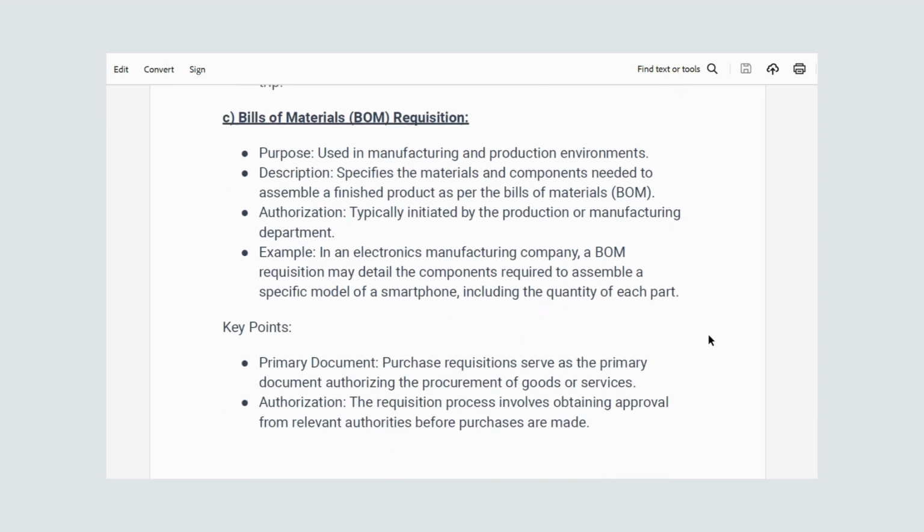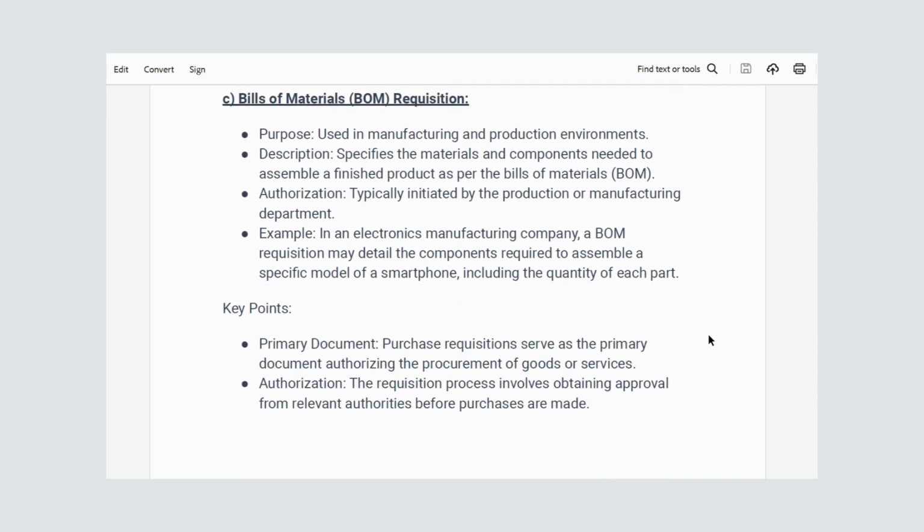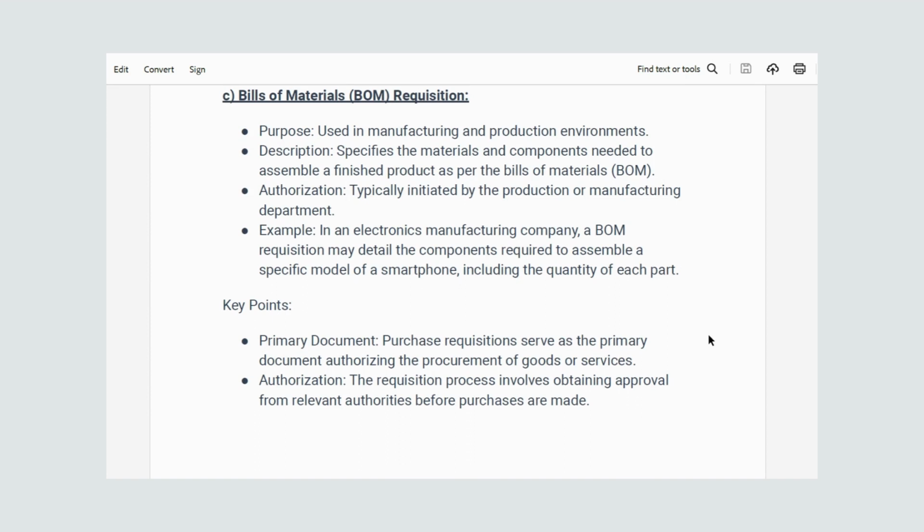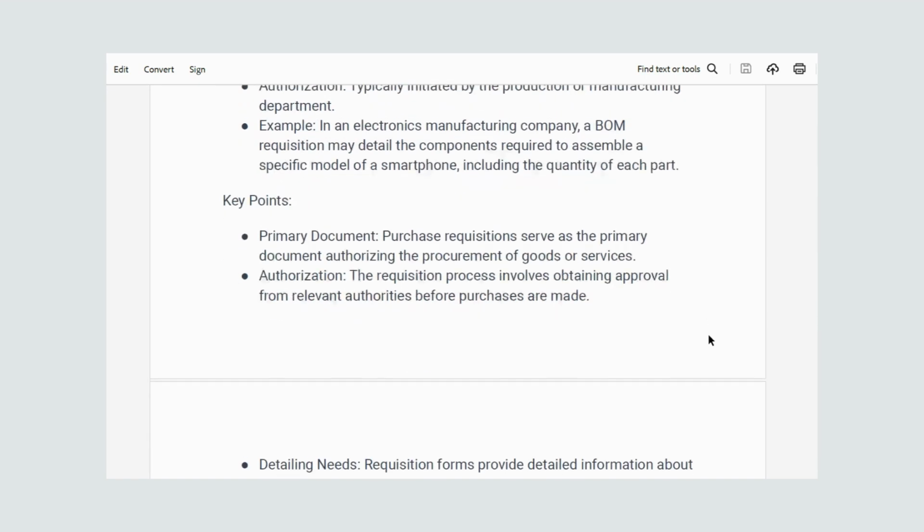So what are the key points that we get from the purchase requisition? The key points are that purchase requisition serves as a primary document authorizing the procurement of goods and services. Okay, and the requisition process involves obtaining approval from relevant authorities before purchases are made.